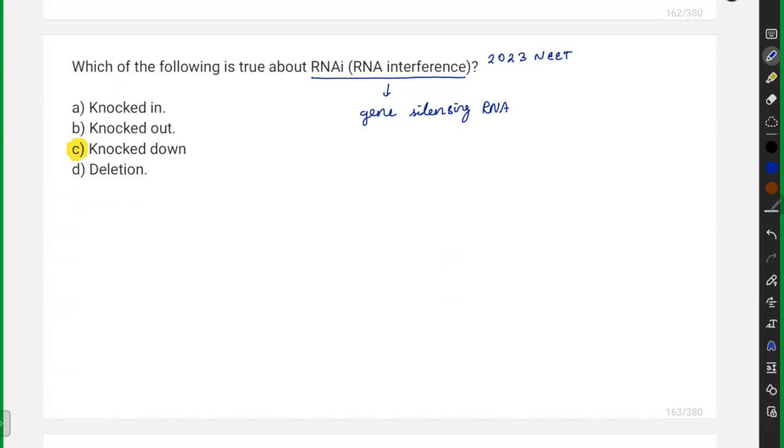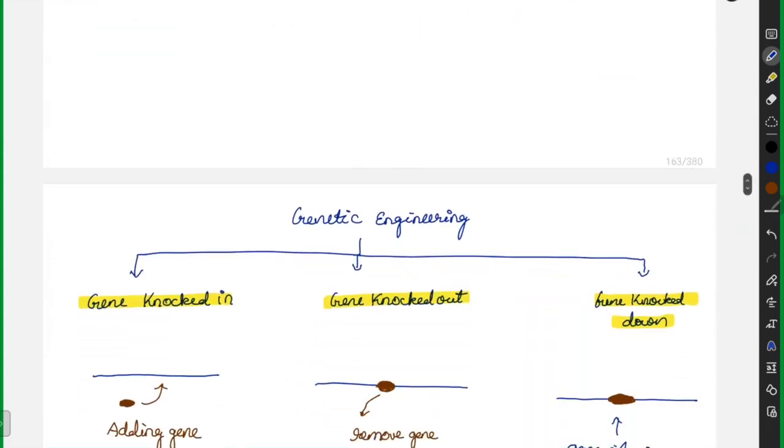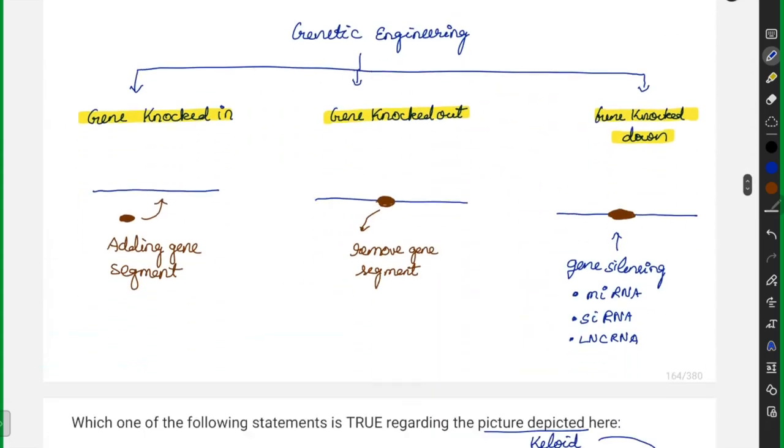So this small interference RNA is introduced experimentally into a cell. Why? To inhibit it. Since it is given for inhibiting a cell, you call it knocked down. Genetic engineering is of three types: gene knocked in, gene knocked out, and gene knocked down. Knocked in, adding a gene component.